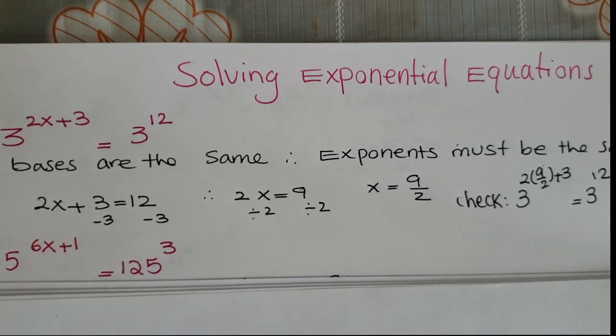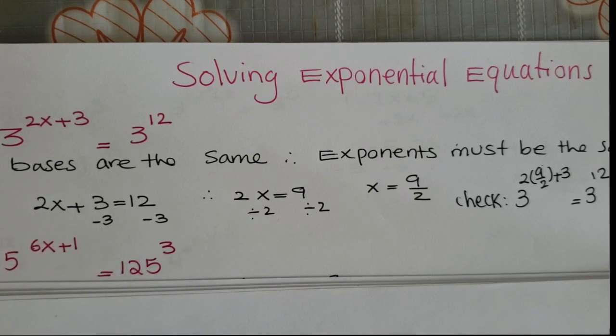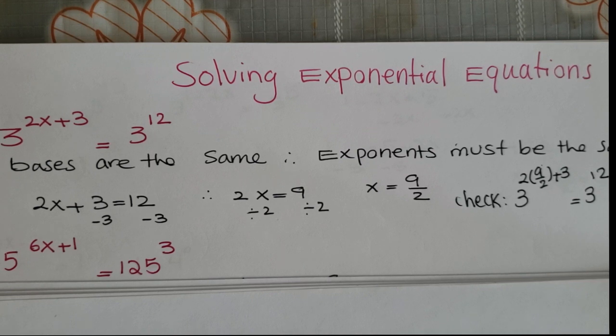In order to solve an exponential equation, either the bases should be the same or the exponents. Let's look a little bit more closely. Can I make the exponents the same? No. But how about the bases? Yes. 125 can be converted to 5 to the power 3.